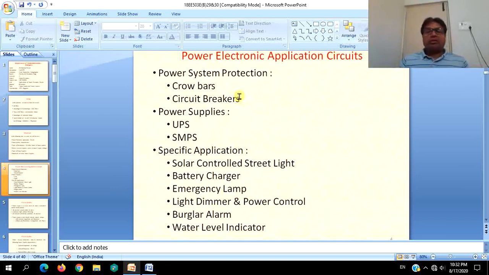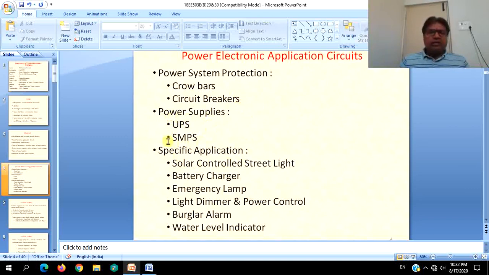This system protection can be done with the aid of what are called crowbars and circuit breakers. Circuit breakers, crowbars, these protections we will be discussing later.